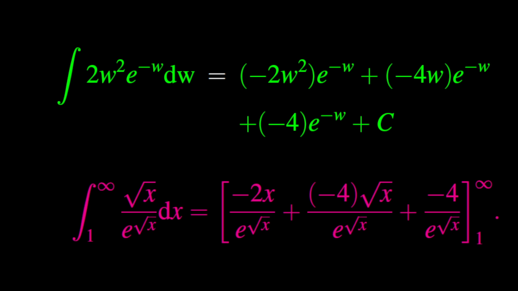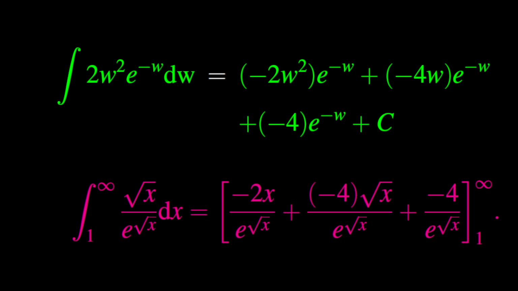In sum, when we replace w by square root of x, we see that the original integral from 1 to infinity of the fraction square root of x over exponential of square root of x dx is equal to the quantities minus 2x over exponential of square root of x plus minus 4 times square root of x over exponential of square root of x plus minus 4 over exponential of square root of x evaluated at the endpoints 1 and infinity.